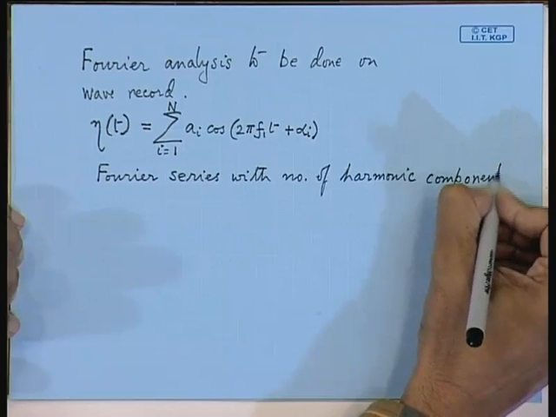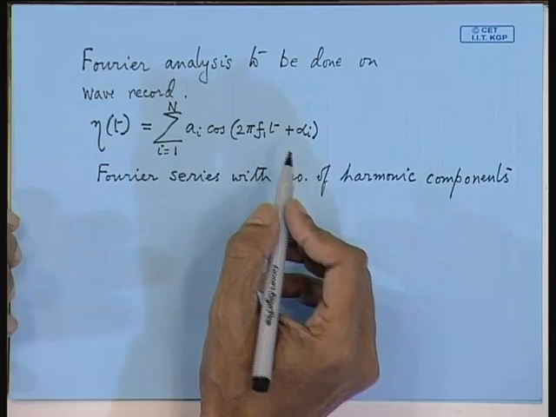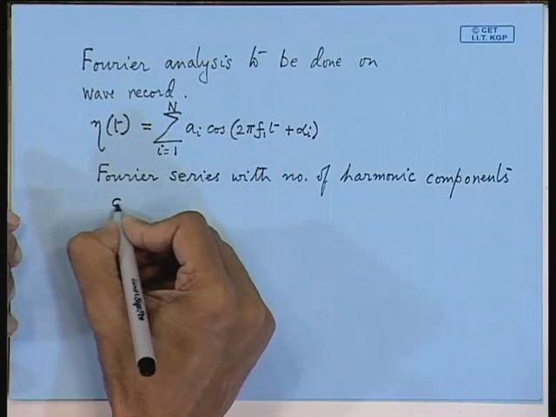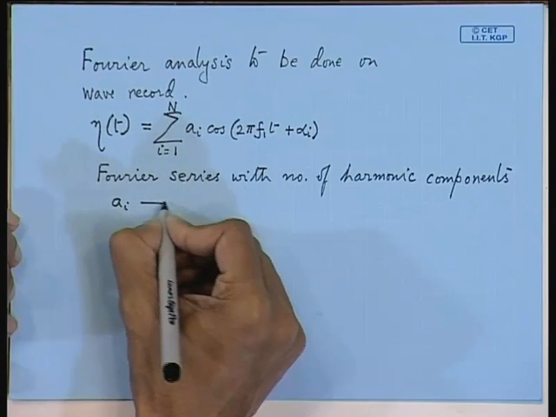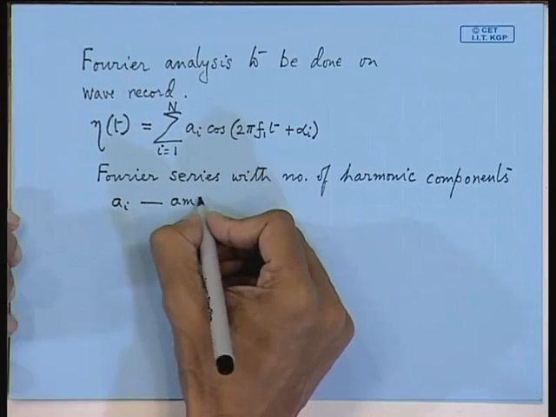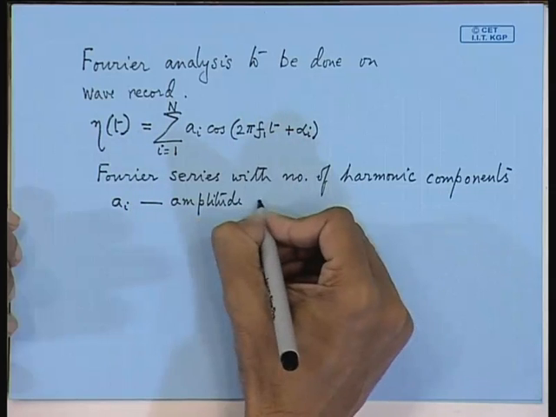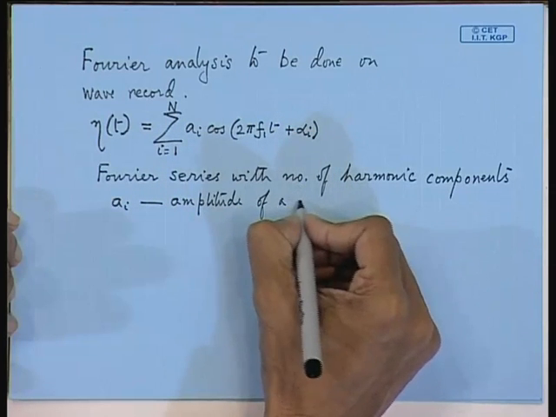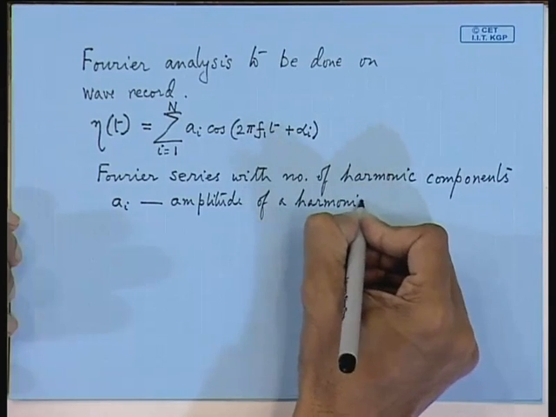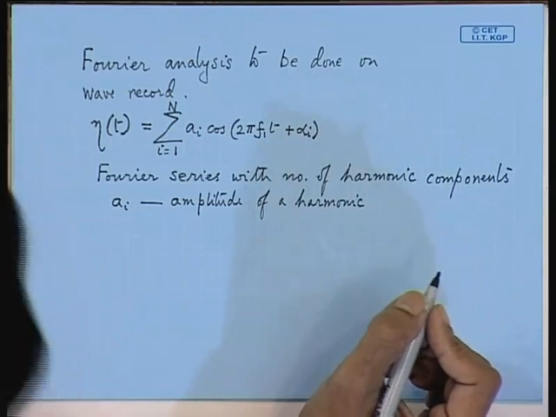So, this is what you should get, but you have to derive what? You have to find out a, the small a, which is the amplitude of a harmonic, not your surface elevation. This is the amplitude of a harmonic. A harmonic will give you a sine curve or a cosine curve. So, this is the amplitude of a harmonic.